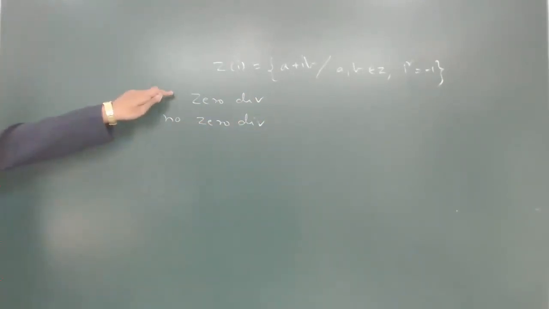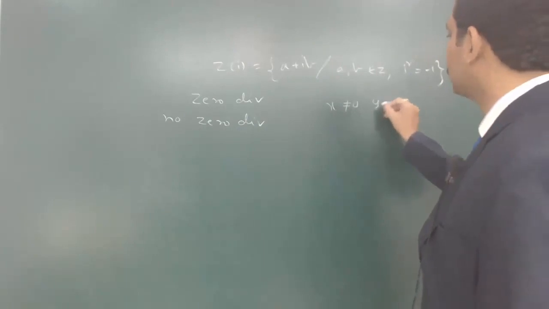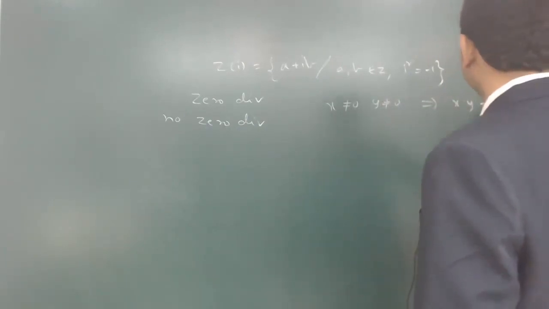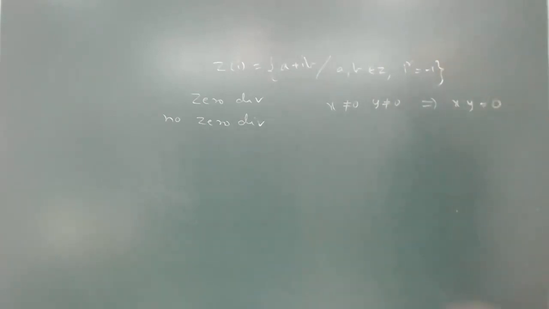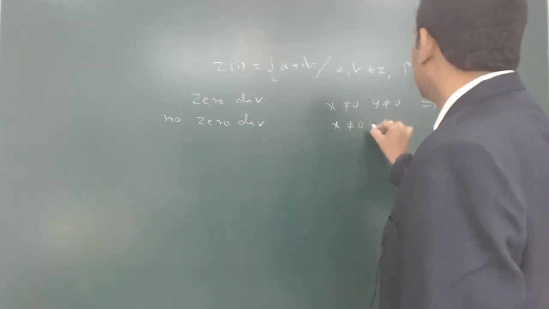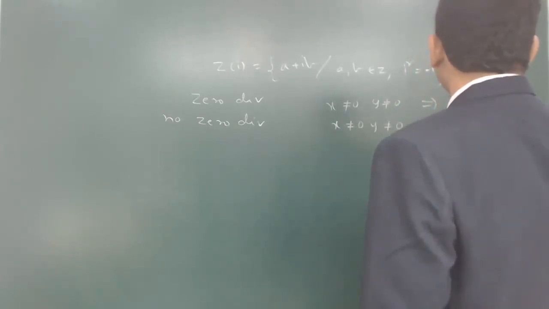Zero divisors means we take two elements which are non-zero, but the product is 0. No zero divisors means if the elements are non-zero, then the product is also non-zero.